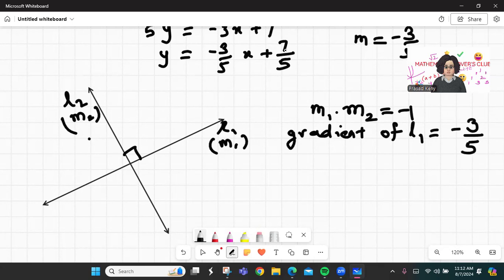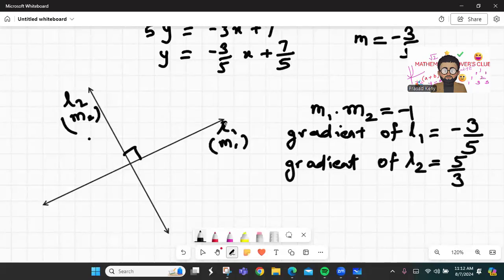Actually, it is not given, but we have found it in part A. The gradient of line L1 is -3/5. That means the gradient of line L2 will be the negative reciprocal of this gradient, and that will be 5/3. Correct. Well done. So now we have got the gradient of line L2, which is 5/3.